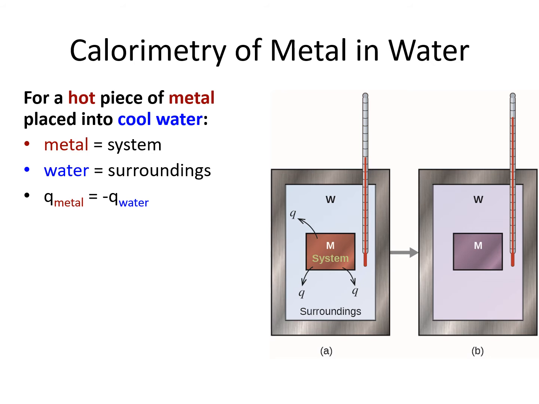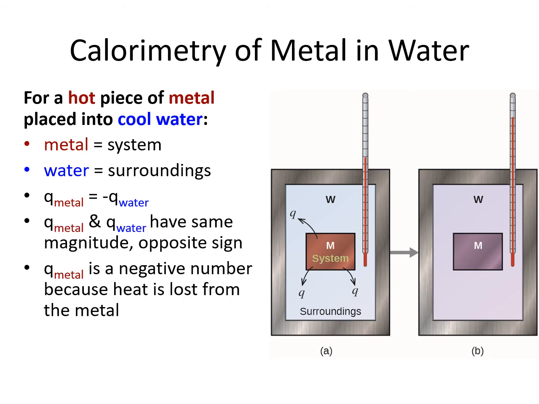It's the thing that we're interested in. And the water would be the surroundings. So remember, the system and the surroundings have the same magnitude but opposite signs. So the Q of the metal equals the negative of the Q of the water. Again, that's not saying that the metal is necessarily positive and the water is necessarily negative. It's just saying they have opposite signs.